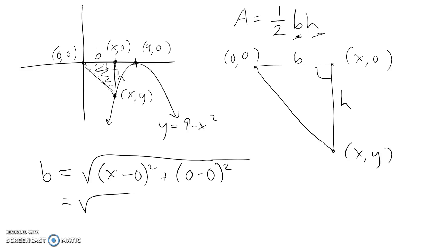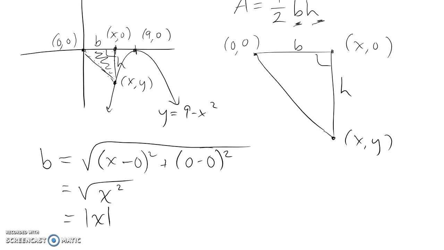This becomes x squared plus 0 squared, which is just 0, so this is the square root of x squared, which is the absolute value of x, but since we know that x is greater than 0, as it was told to us in the beginning, we can simplify that just to x.